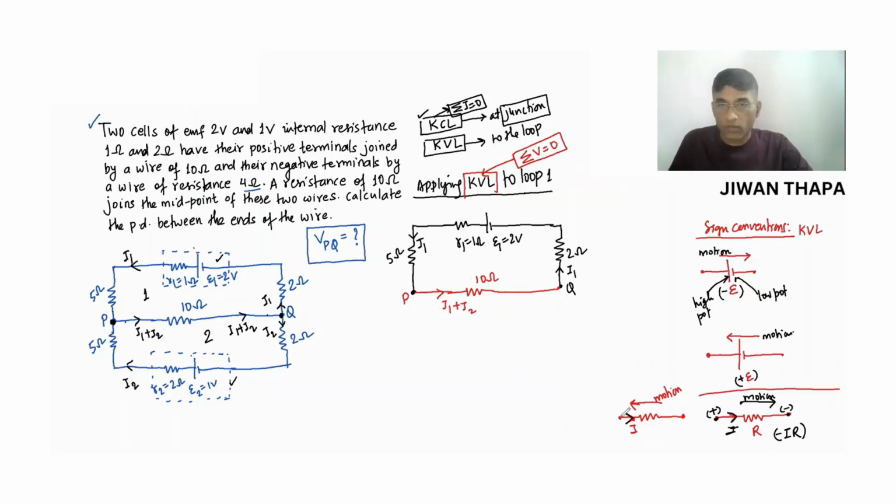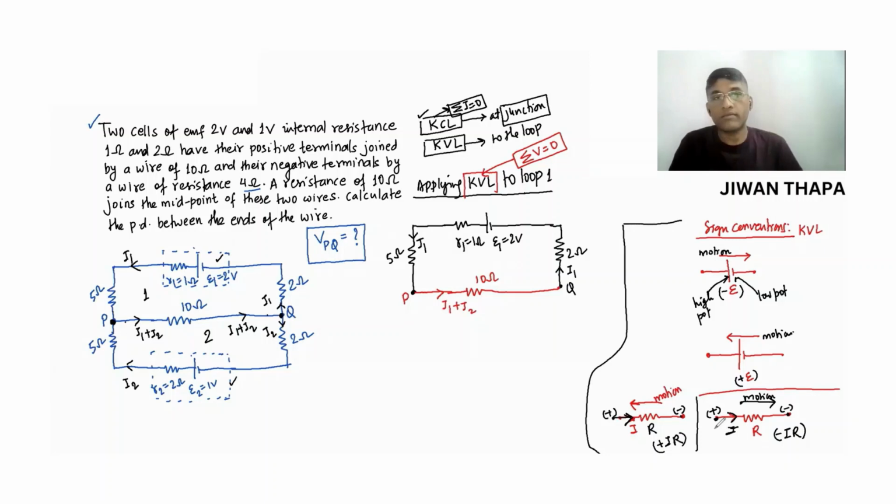We know current is flowing along this direction. So this side is positive or high potential, and this side is low potential, that is negative. So we are moving from low potential to high potential, and if we are finding the product I times R, then this is taken as positive. So these are the sign conventions we use while solving numericals based on Kirchhoff's voltage law.